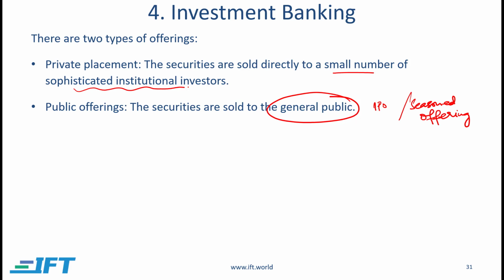There are pros and cons of both, right? Private placement is relatively easier to do. You don't have to go out and market to the public at large. But then obviously the market size or the target audience is much smaller in a private placement. In a public offering, of course, you're going out to everybody, and you could potentially get a much higher price per share, but it is harder to do. It's more complicated.